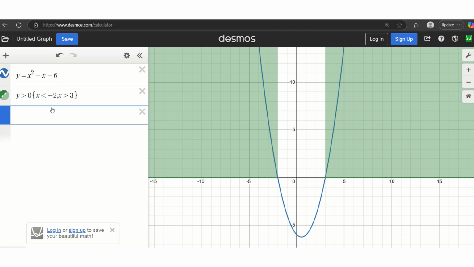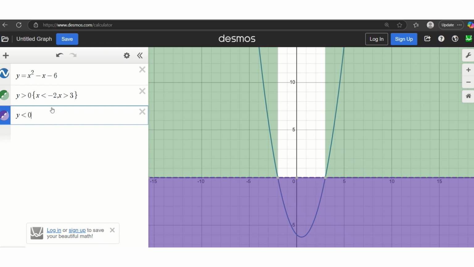Now, to get where it's negative, remember that means y would be less than 0. And so we've got that highlighted in purple, but we have that same issue where it is highlighting everything in purple, including some of the regions where the graph is actually positive. And we would like to make sure that only in between the -2 and the 3 is what's highlighted. So we'll do that the same way. I'm going to come over here and open up that bracket.